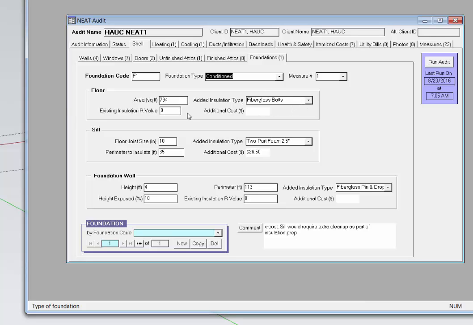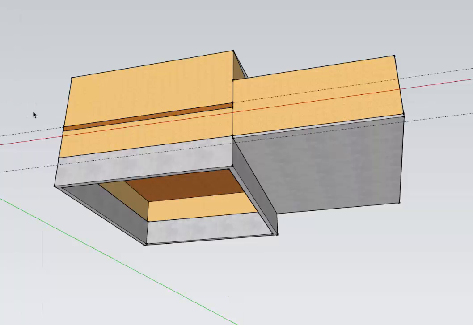Since that in our example is going to be inside the conditioned space, we would not want to add any insulation. So we're saying there is no R value, but we're also not going to add anything to it. So it now knows that not only is there a ceiling above that is in a conditioned space, but it also knows that it has 794 square feet of floor space that is sitting right on the earth.